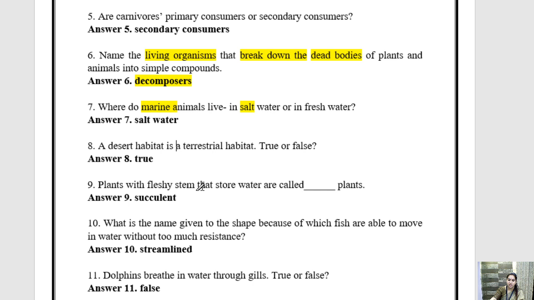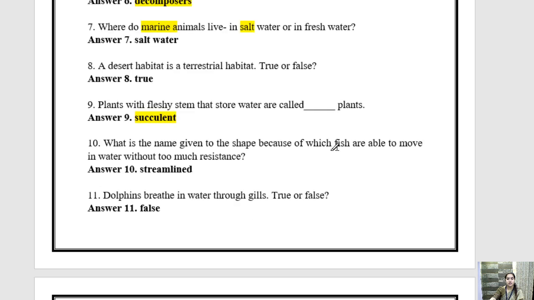Okay. Now 10th, what is the name given to the shape because of which fish are able to move in water without too much resistance? So you know children, they are called streamlined.